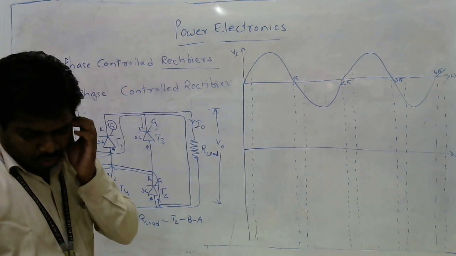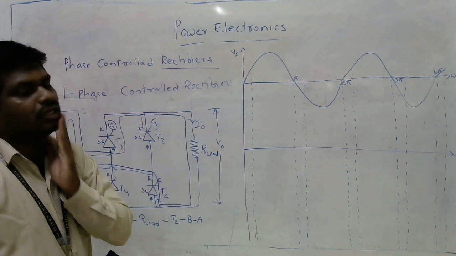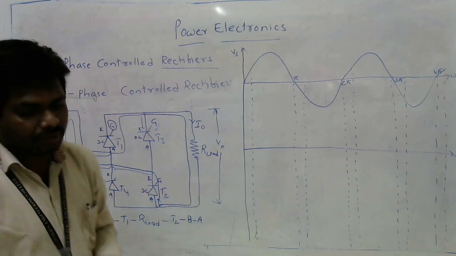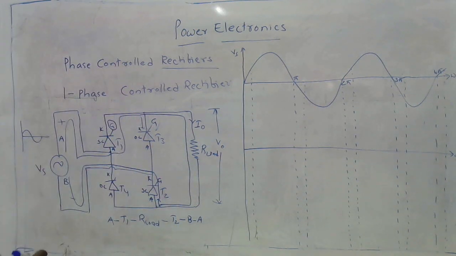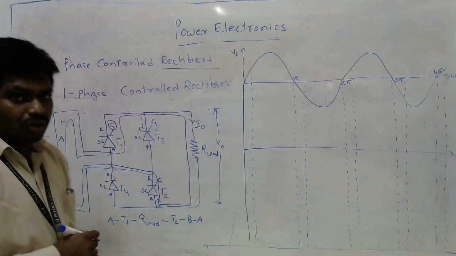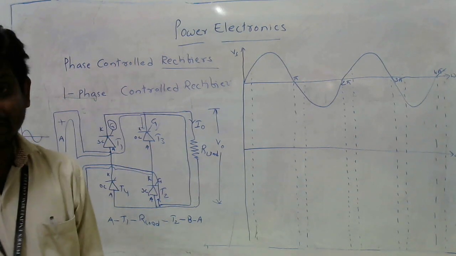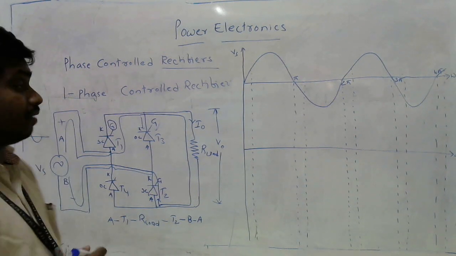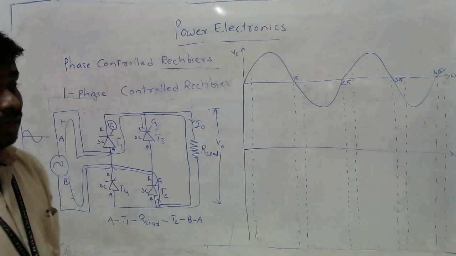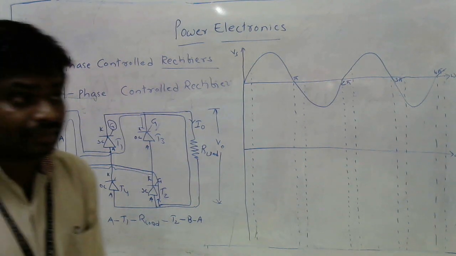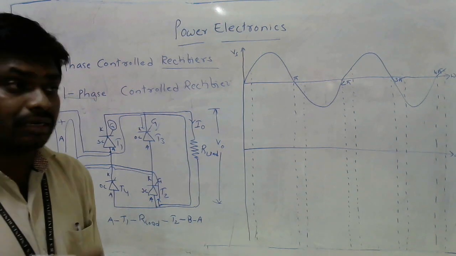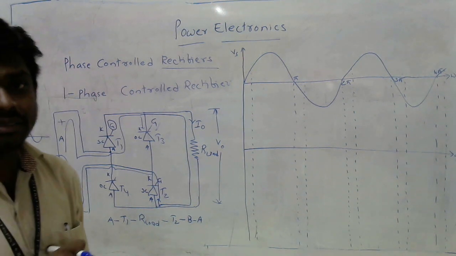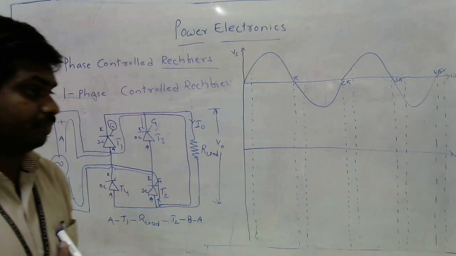If you want the alpha angle from 0 to 180 degrees, what type of triggering circuit do we need to employ? That is not the R triggering circuit of SCR, it is the RC triggering circuit of SCR. Please remember, if you want the alpha angle varying from 0 to 90 degrees, then go for the resistance triggering circuit of SCR.